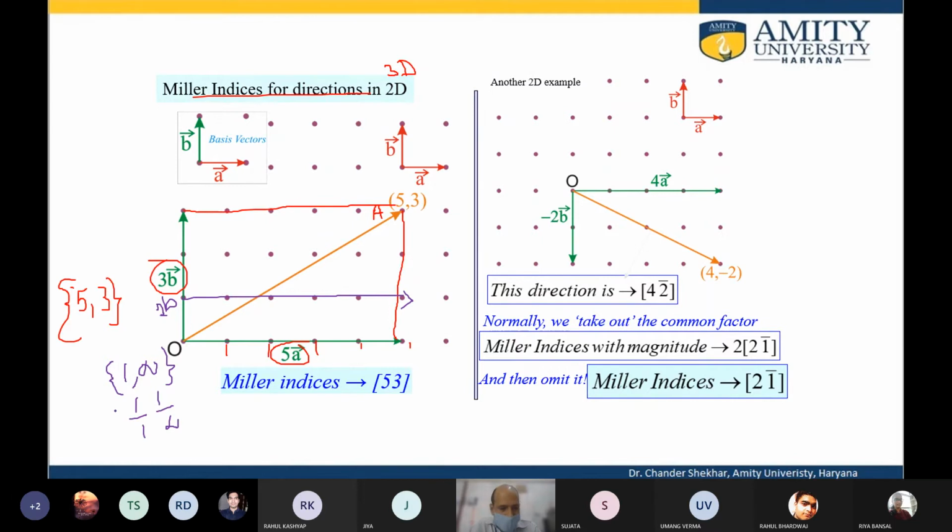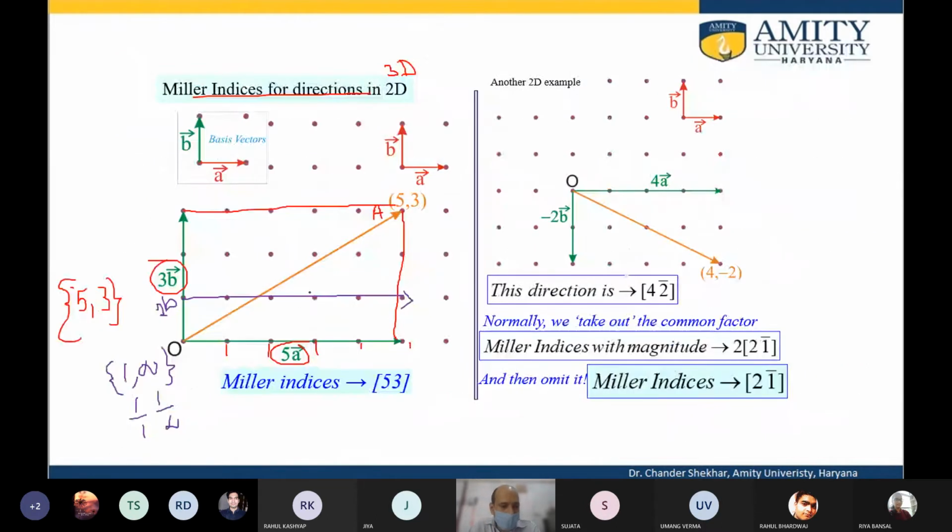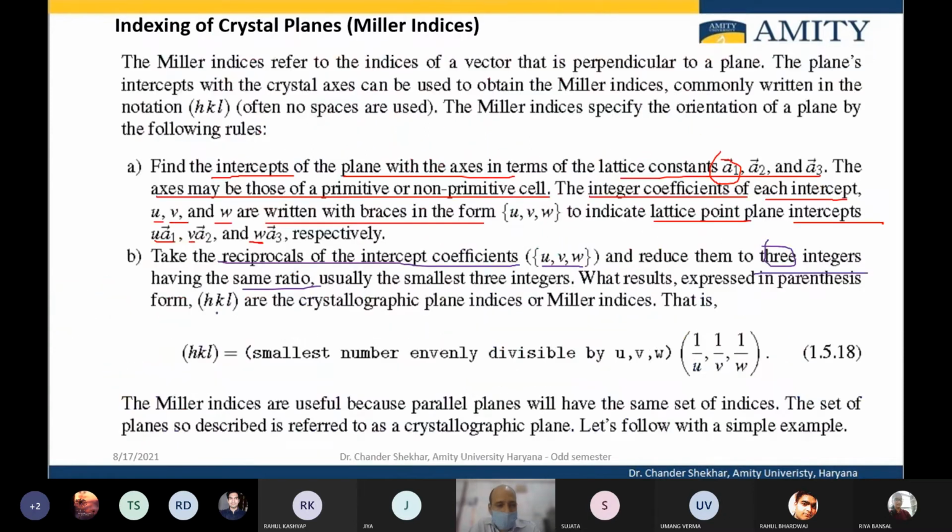Then reduce them to 3 integers in the case of 3 dimensions, having the same ratio. So this becomes 1 and 0. The result, expressed in parentheses as HKL, gives the crystallographic indices of these planes.